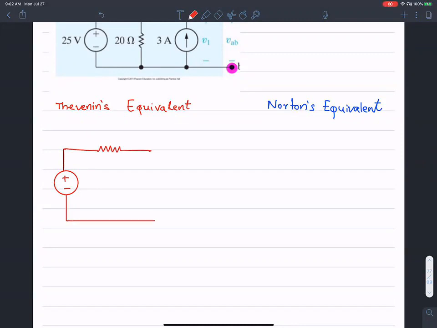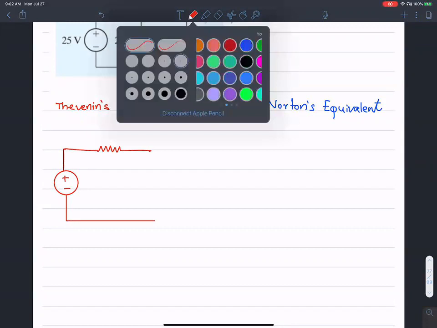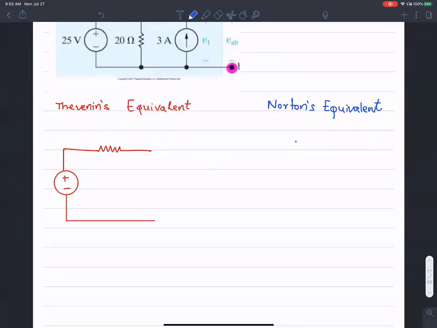Norton's equivalent came out to be a current source with a parallel resistance.